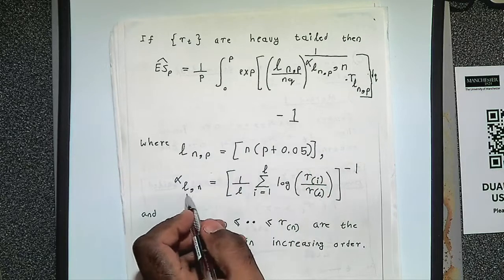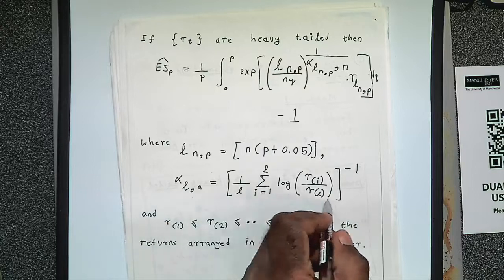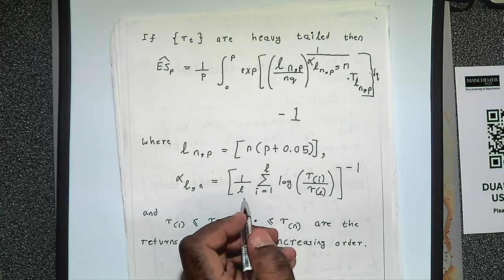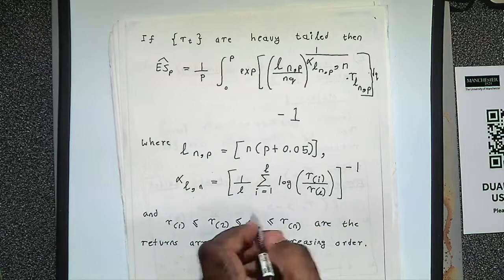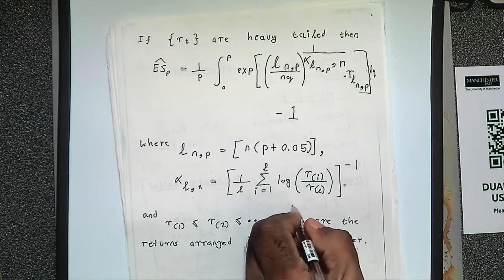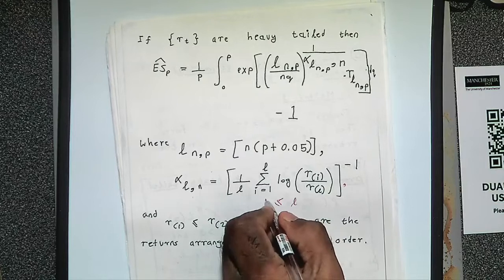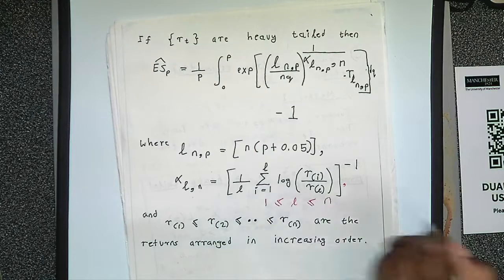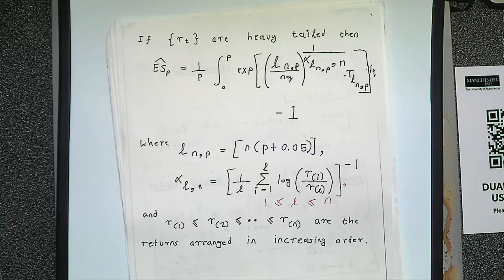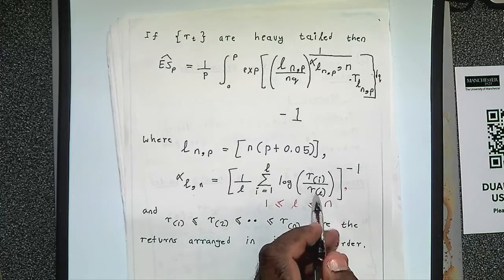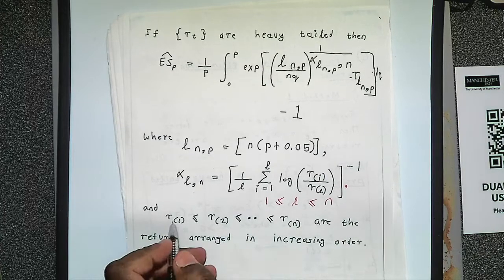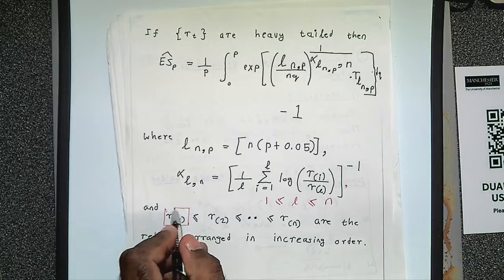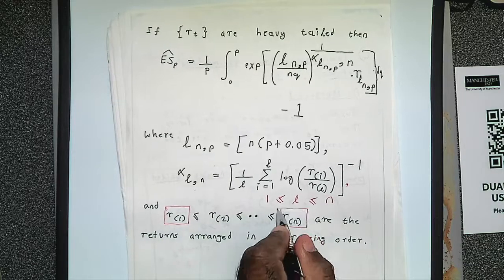Alpha subscript L comma N is given by this, right? L must be a number between 1 and n. And R1 to Rn are the sorted values of the returns. In other words, this is the smallest of the returns, and this is the largest of the returns.